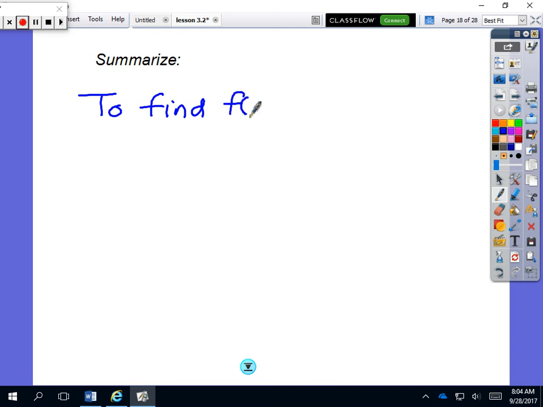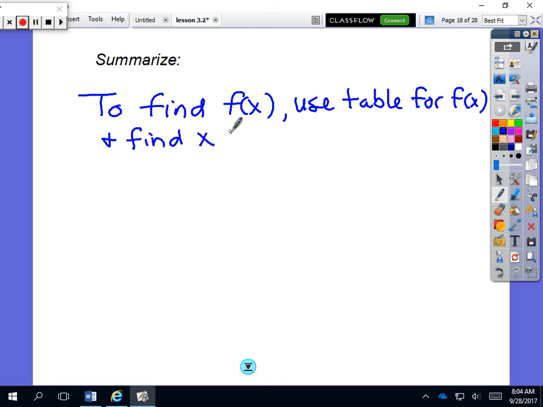To find f of x, use the table for f of x, and find x, your input, then use the y value that goes with it.